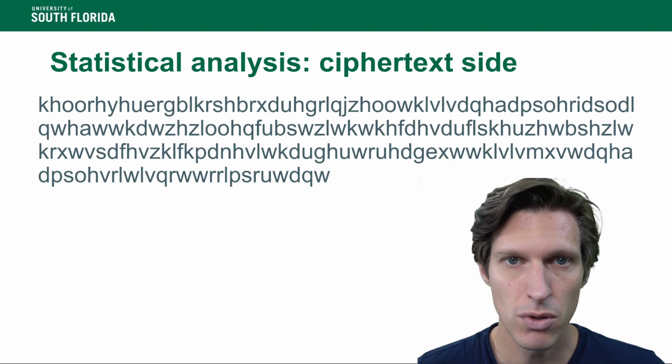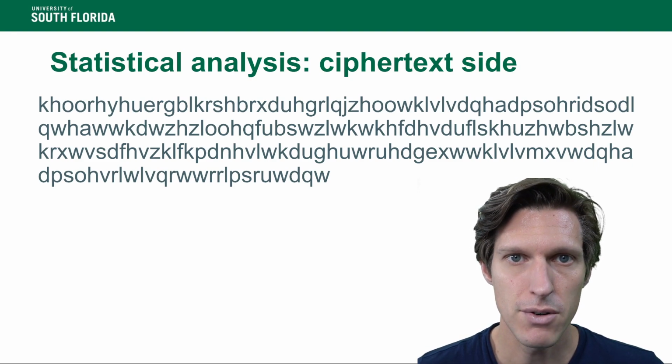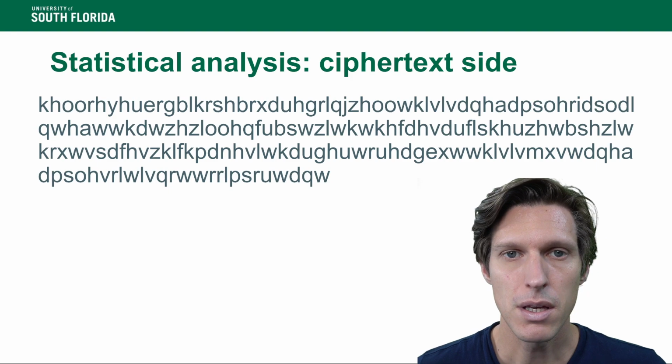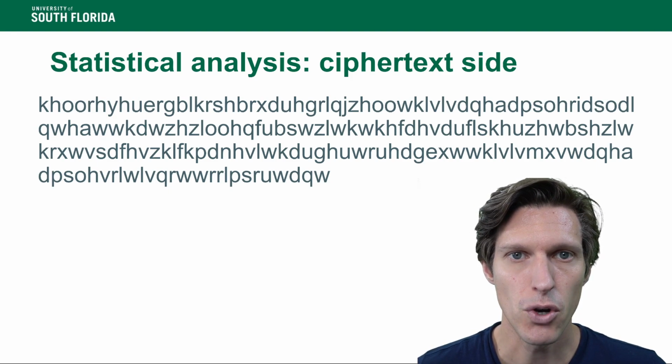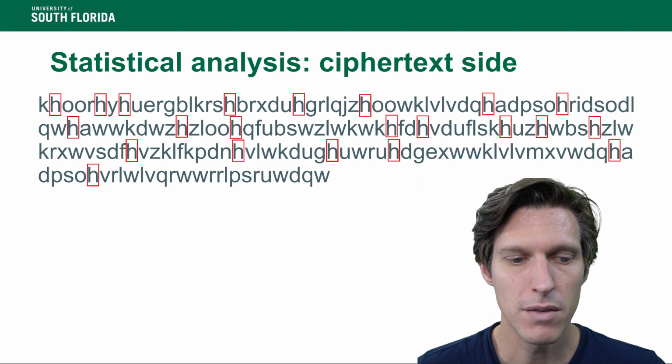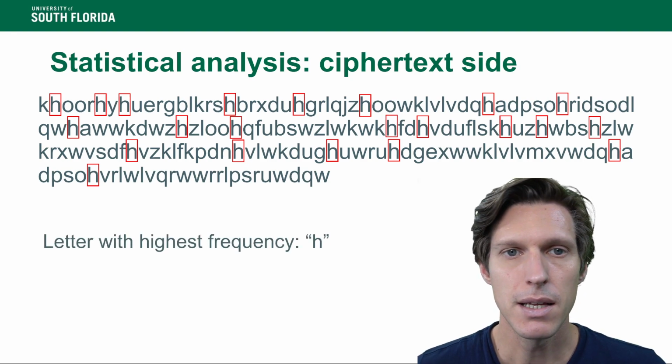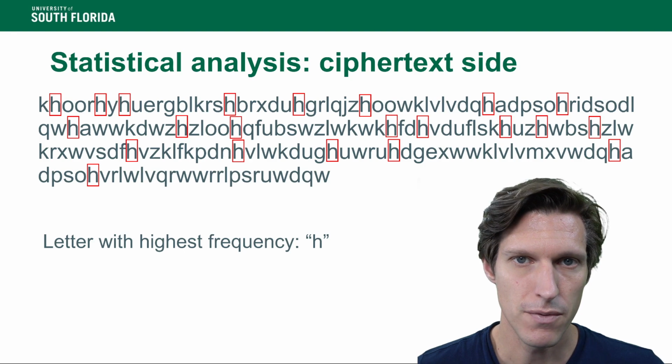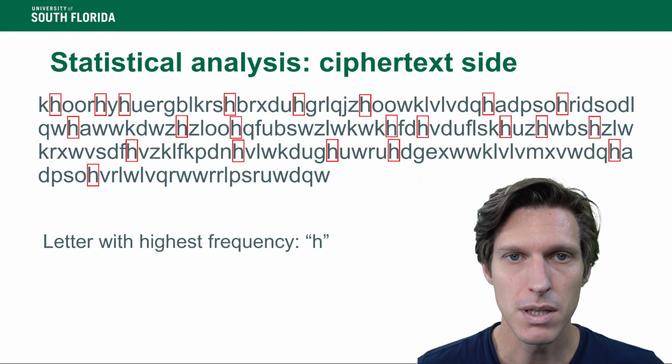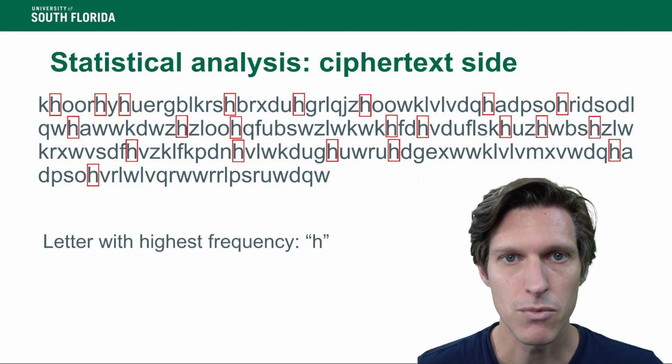Well, once we've shifted all the letters, E is no longer the most likely letter to occur. However, one of these letters is, and in this case it's H, and because of the nature of the cipher, I know H has to be the encryption of E, under the assumption that I'm reading a text in English.